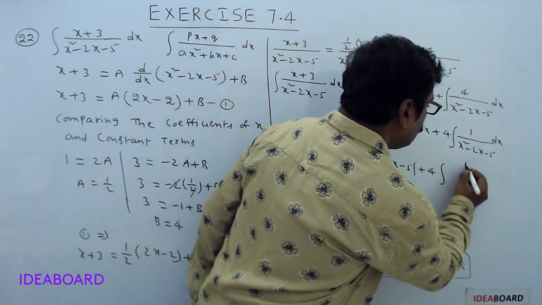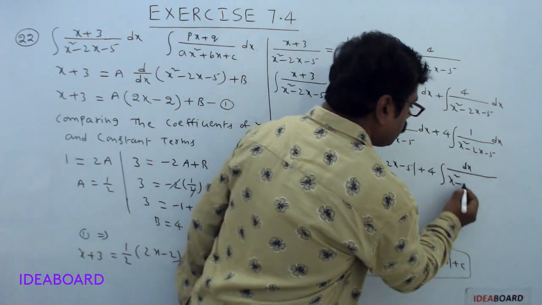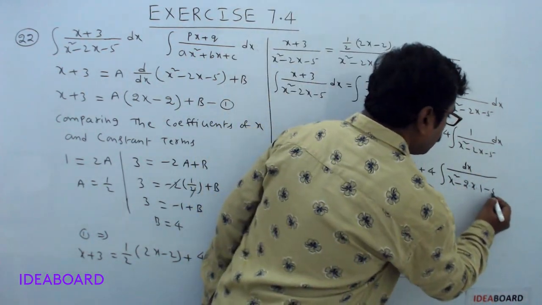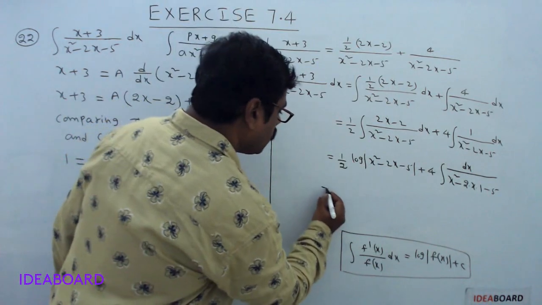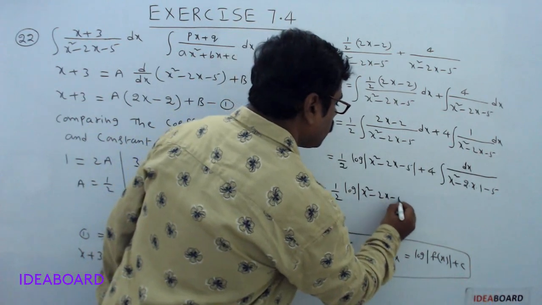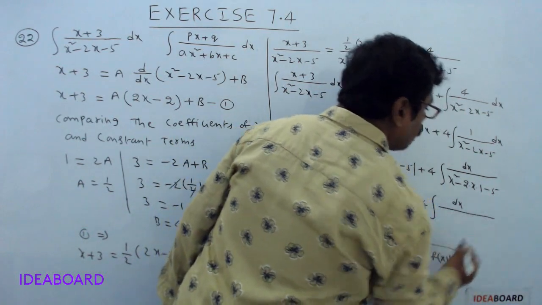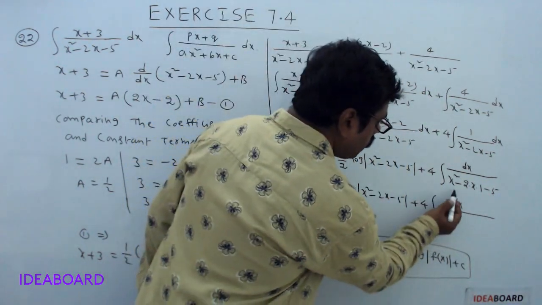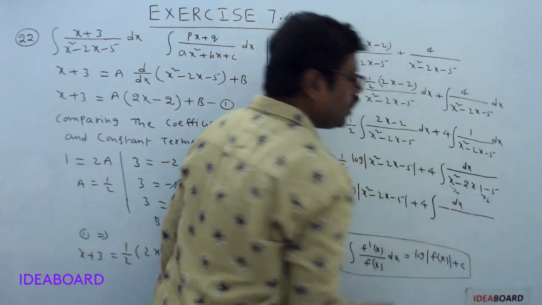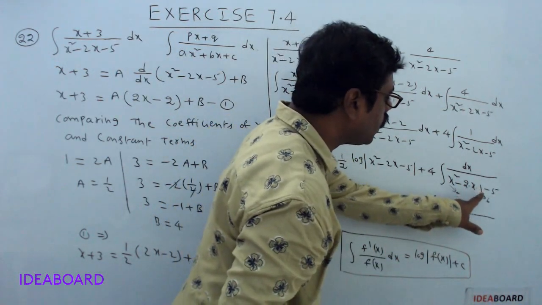This is ∫ dx/(x² − 2x − 5), where x² − 2x can be taken as 2 × x × 1, minus 5. Now this is equal to 1/2 × log|x² − 2x − 5| + 4 × ∫ dx divided by, here if you consider this x as a and this 1 as b, this expression is of the form a² − 2ab.